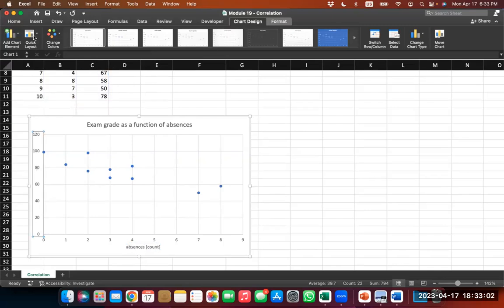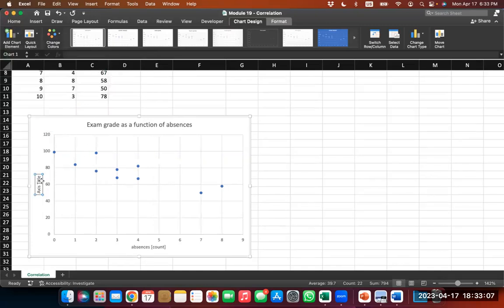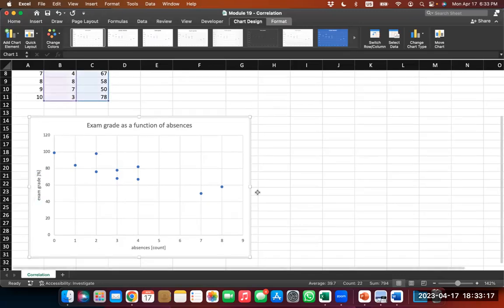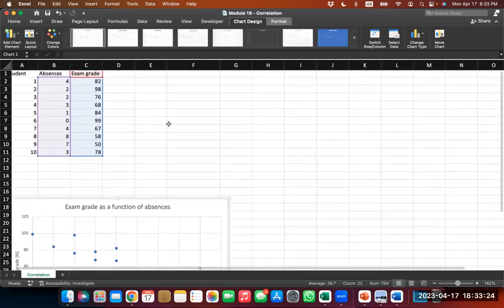We put in our vertical axis: exam grade in percent. So this gives us an overview and an idea already in which direction we're expecting the association to point. And now we're going to quantify it.